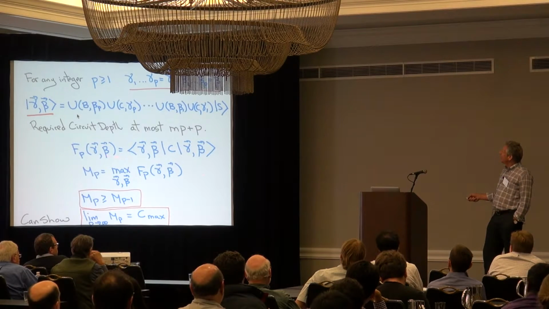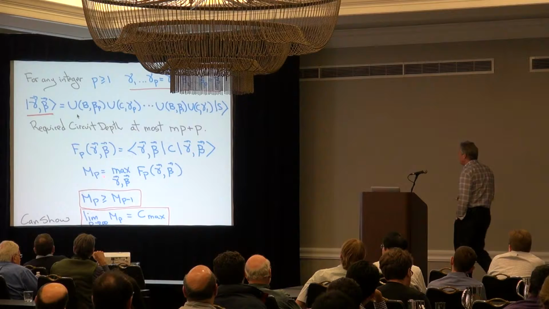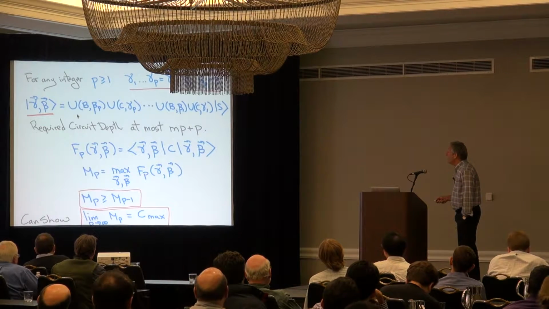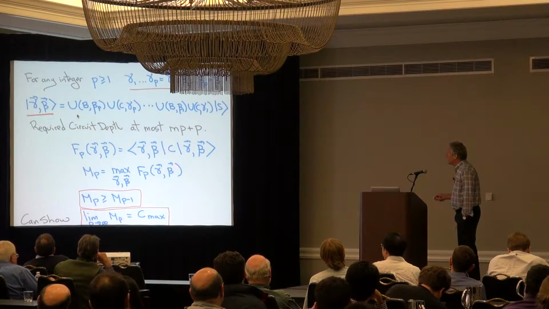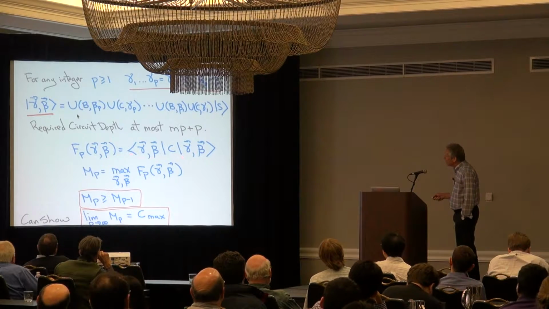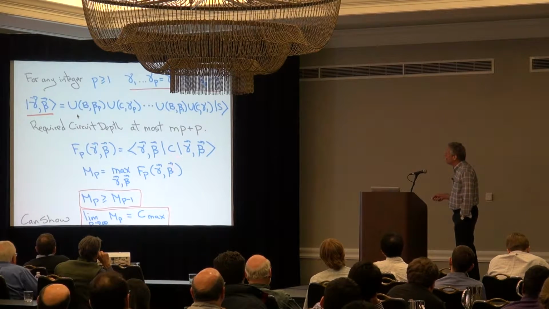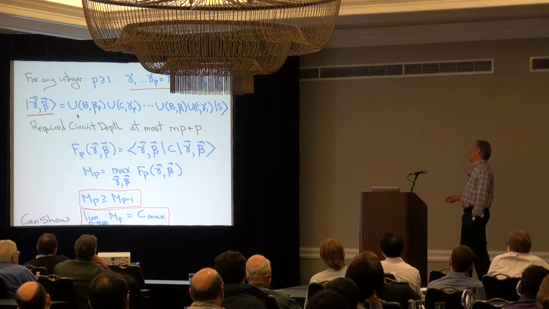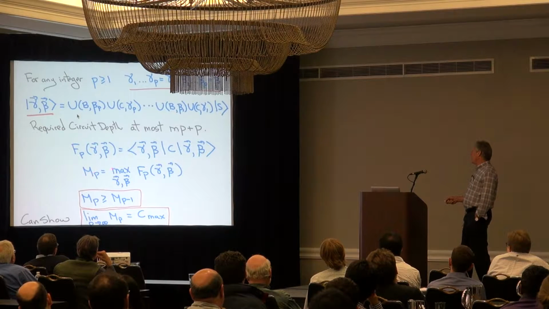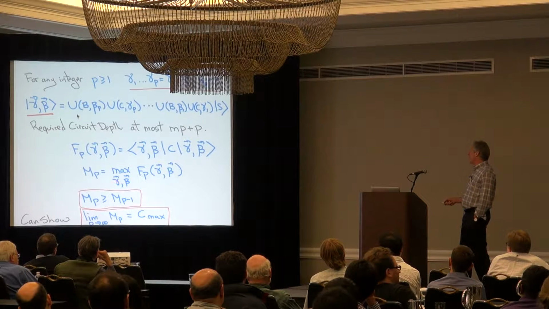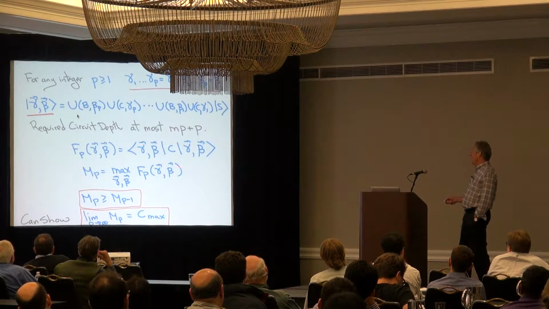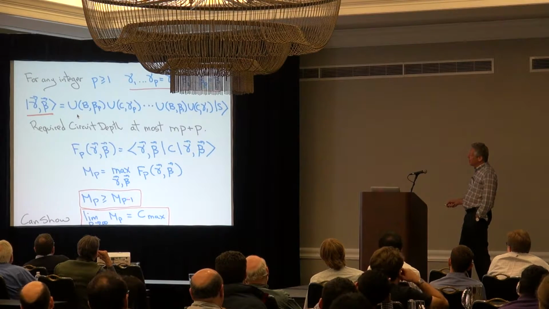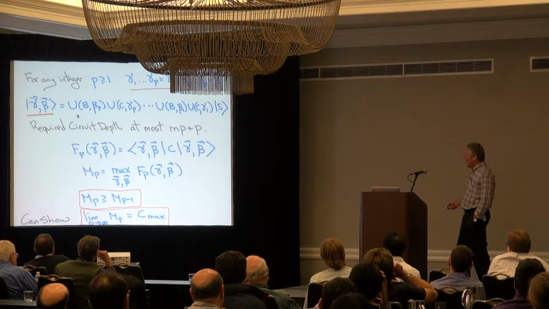Now, I would like to consider an object which I call M sub p, which is the maximum over gamma and beta of Fp gamma beta. C is the cost function, so you can see we want to make a quantum state that makes this big. So let me define Mp as the maximum over gamma beta of Fp gamma beta. Well, the first thing you'll notice is that Mp is bigger than Mp minus 1. Why is that?